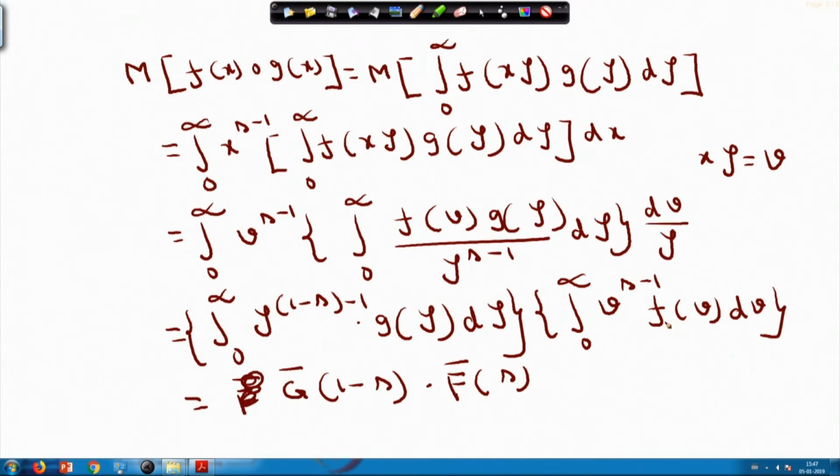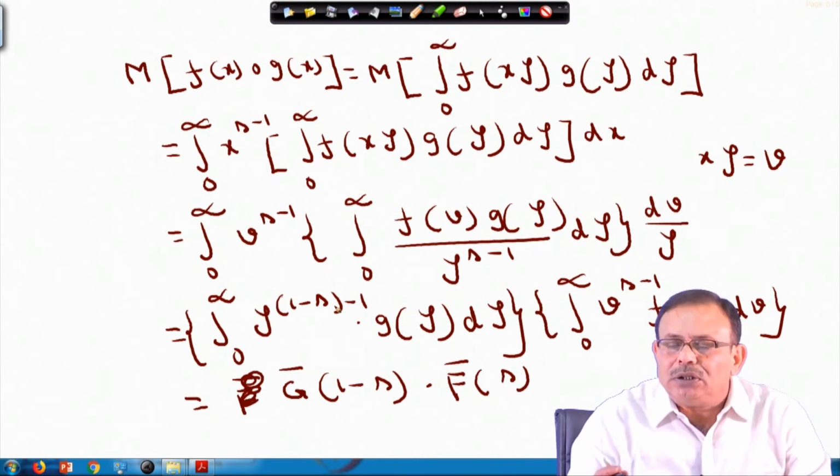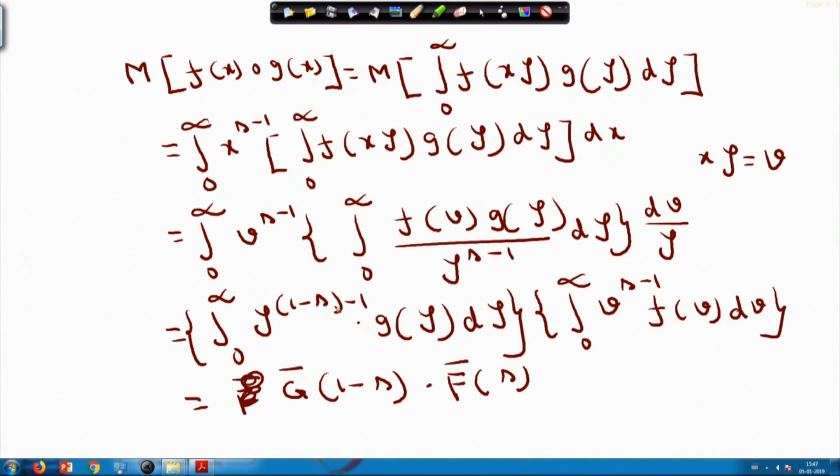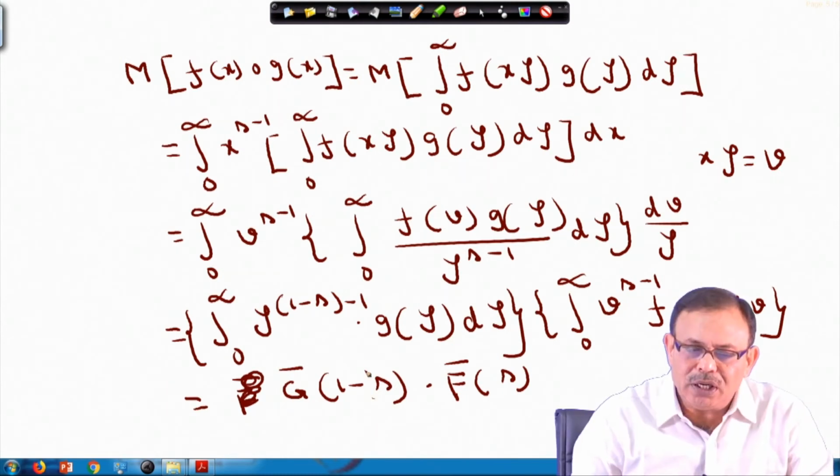This completes the proof that the Mellin transform of f of x convolution g of x, with respect to the definition of the integral from 0 to infinity of f of x eta into g of eta d eta, equals f bar s into g bar of 1 minus s.